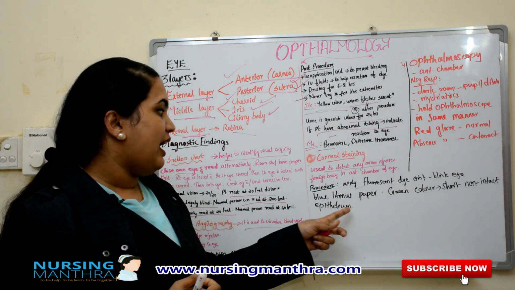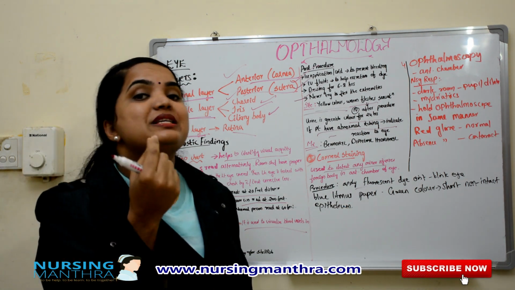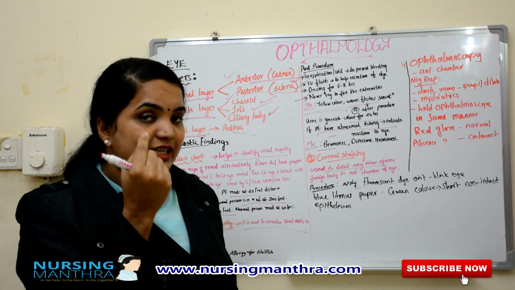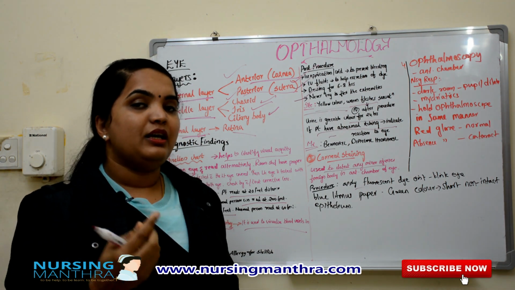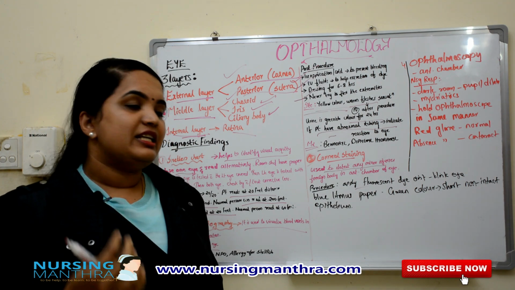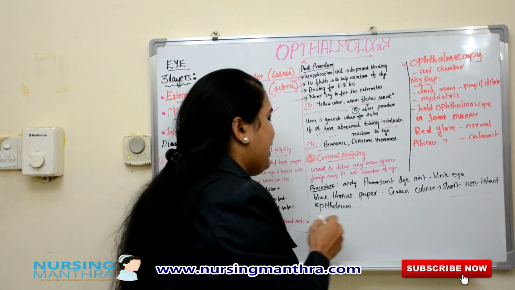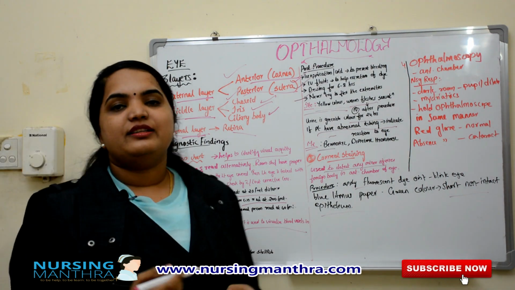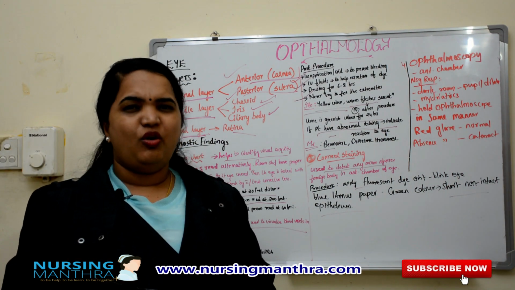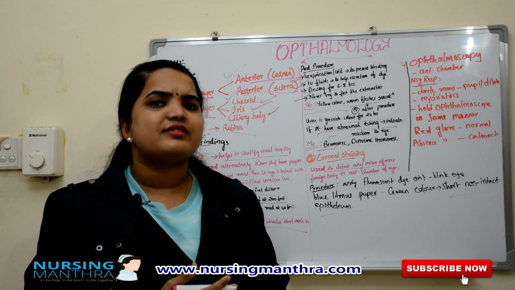Once they blink, we place the blue litmus paper, and if the blue litmus paper turns green, it indicates a non-intact epithelium. This is regarding corneal staining. There are not that many questions related to corneal staining.